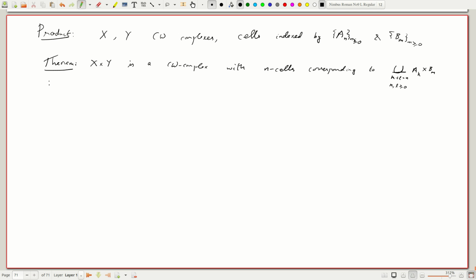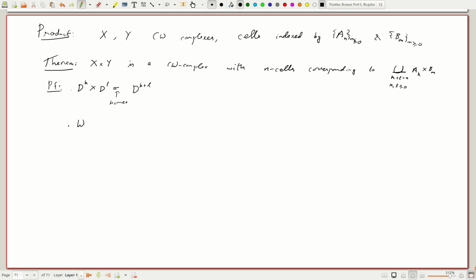Okay. All this is really just simply based on the fact that D^k cross D^l is equal, by here I mean homeomorphic, to D^(k+l). Okay, so hence we get these.